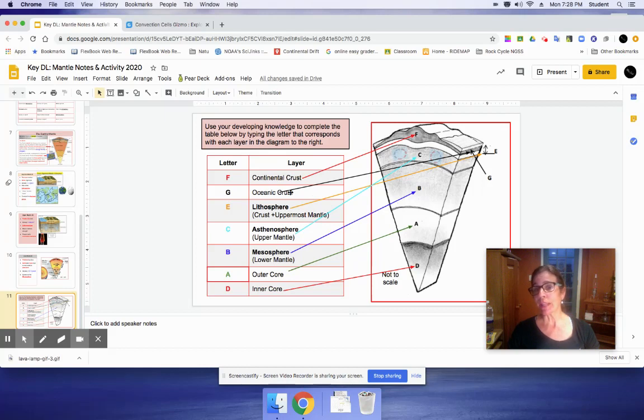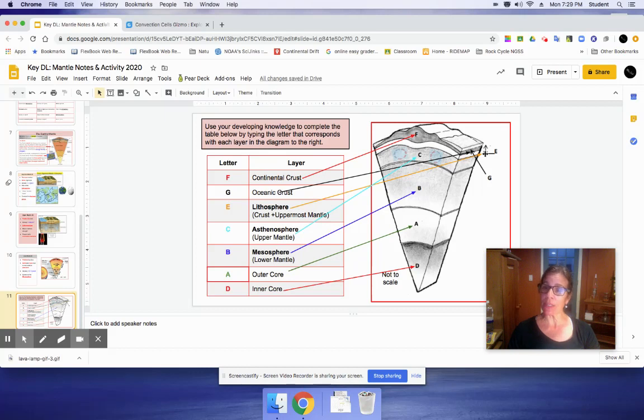So letter G represents the ocean floor, that thin section of the crust. And lastly, letter F represents the thicker section of the crust, the continental crust. So we have continental crust F, oceanic crust G.